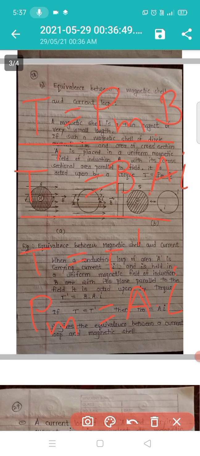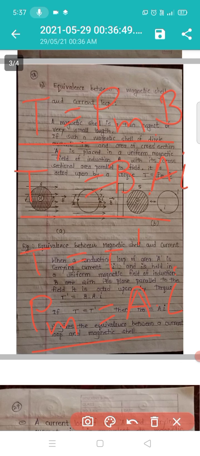Hence, it gives the equivalence between the current loop and the magnetic shell. A current loop of area A carrying current I is equivalent to the magnetic shell of dipole moment Pm equal to A into I, directed perpendicular to the plane of the loop and vice versa.